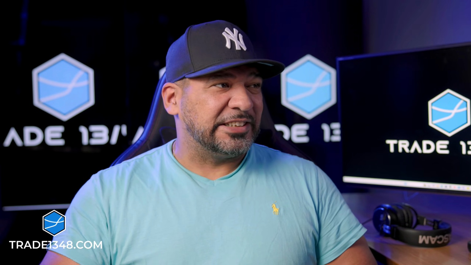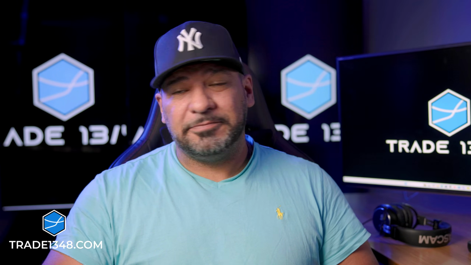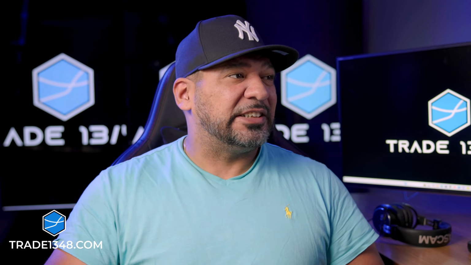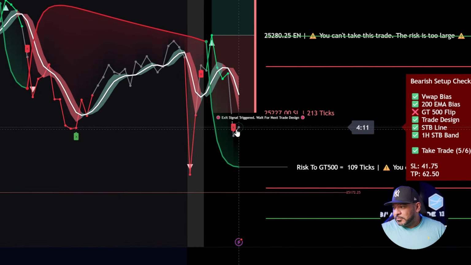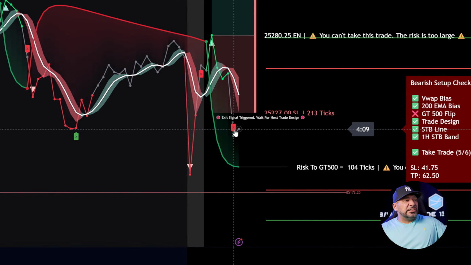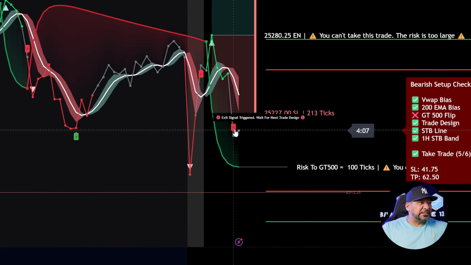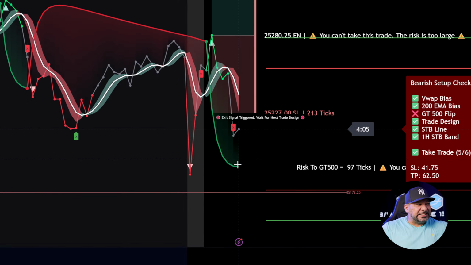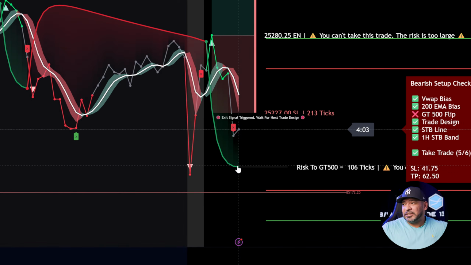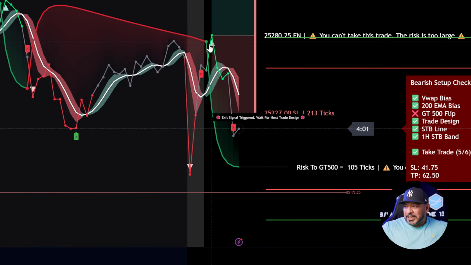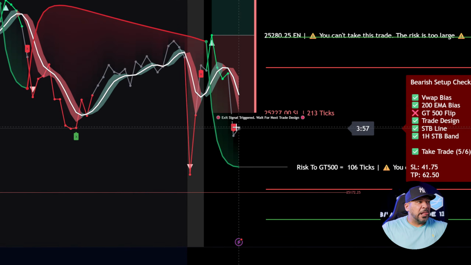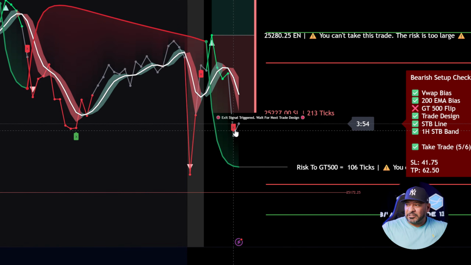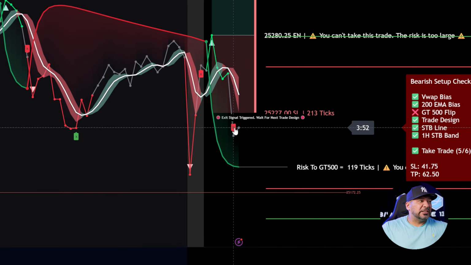It gave me an exit signal, so I have to exit. We have an exit signal here, right there. I had to exit. So what this has done is it has discounted my total overall risk, because I sized for pretty much all of GT. This has given me a discount on risk. Does it make sense, guys?